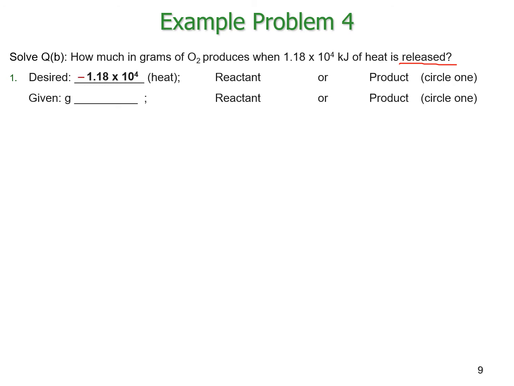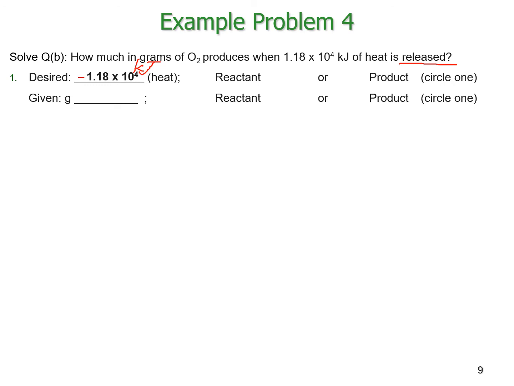It means we need to put a negative sign in front of the energy. We do not pick 1.18 times 10 to the 4th. We write it down as negative 1.18 times 10 to the 4th kilojoules. Sorry that I forgot to put the kilojoules right here. Okay, it looks ugly, but you understand what I'm trying to do.